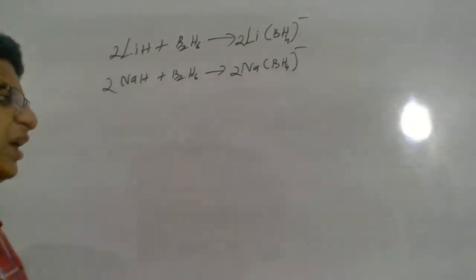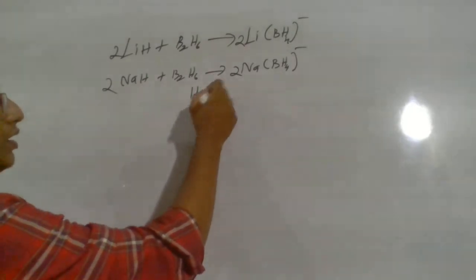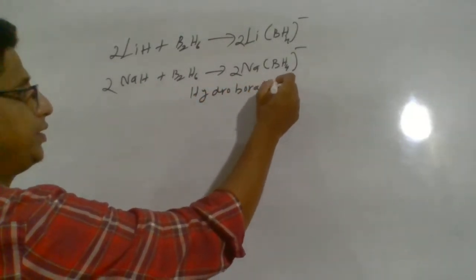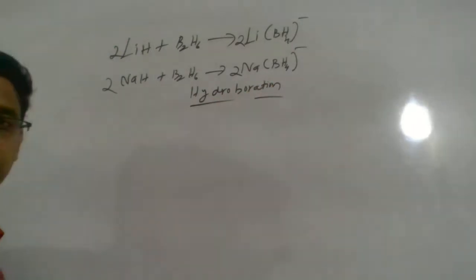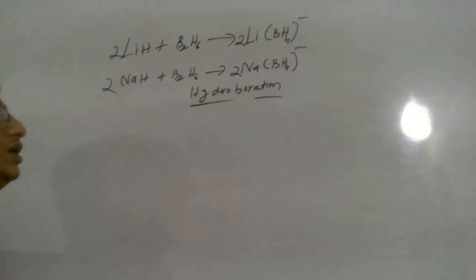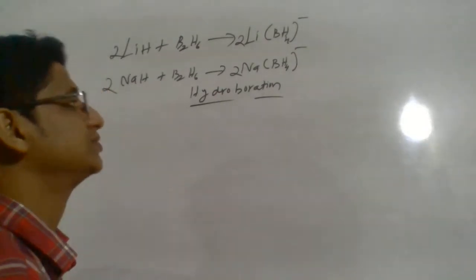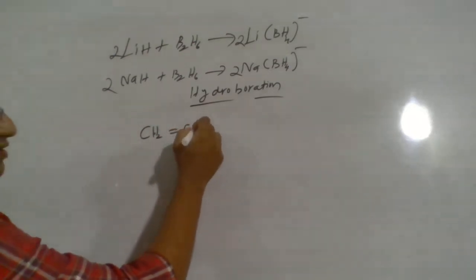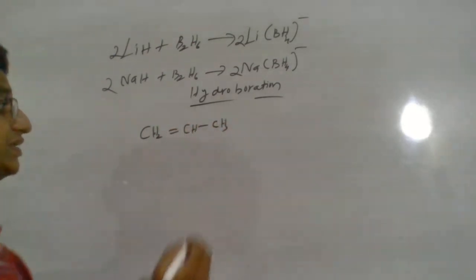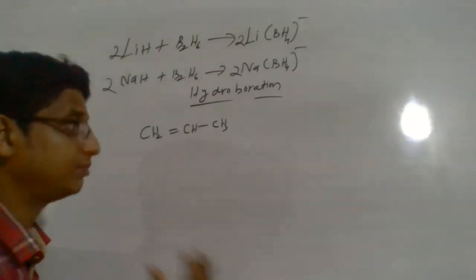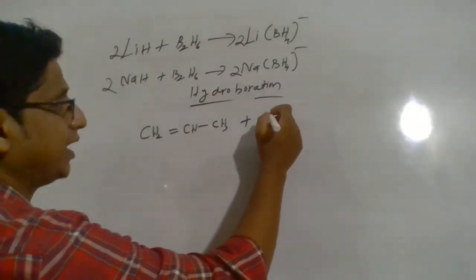Now finally, hydroboration. The hydroboration reaction is interesting, and we generally use it for the preparation of alcohols from alkenes and alkynes. Let us take an example: CH2=CH-CH3, an unsymmetrical alkene, treated with diborane.